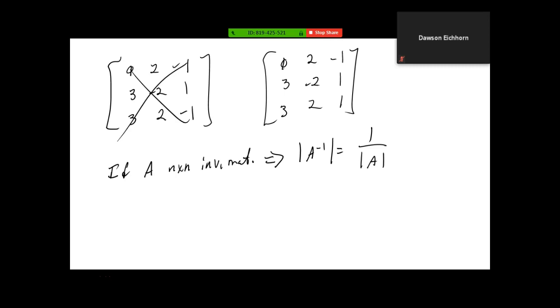Now, their proof is pretty decent on this one. So if A is an n by n invertible matrix, that means it does have an inverse, A inverse. Can you tell me what A times A inverse would be?